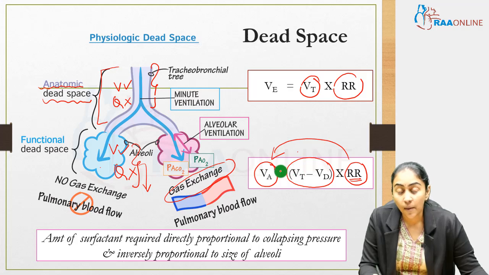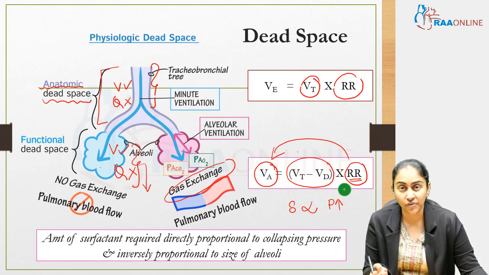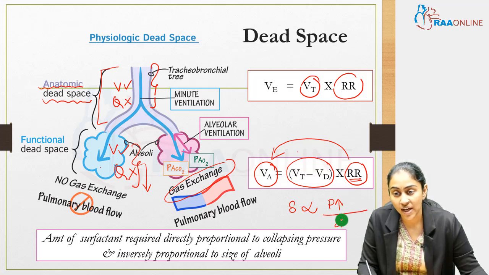Now remember, the amount of surfactant required is directly proportional to the collapsing pressure. So that means higher the likelihood of the alveoli to collapse, higher amount of surfactant required to keep it open. Similarly, that is going to be inversely proportional to the size of the alveoli. What does that mean?